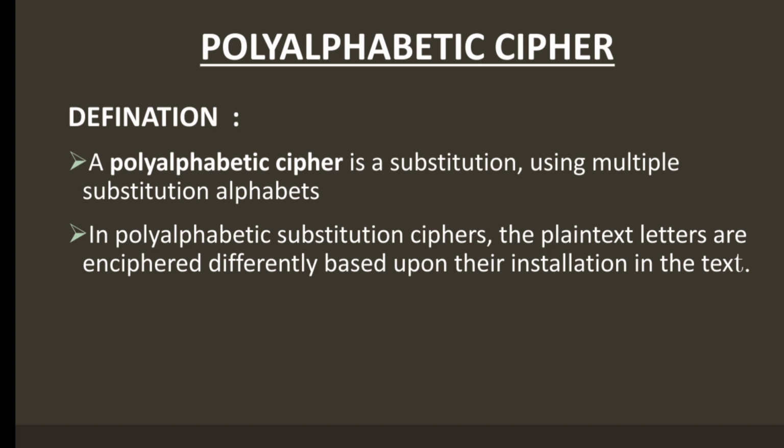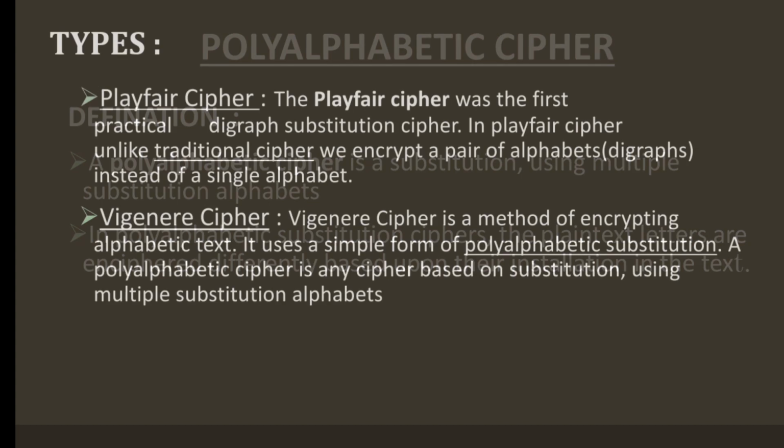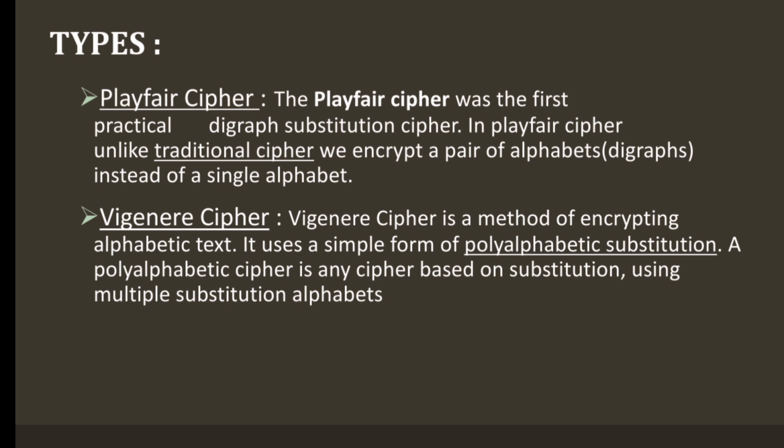So now we will learn the types of a polyalphabetic cipher. Here are the two types of polyalphabetic cipher. These can also be considered as examples for polyalphabetic cipher. The first one is the Playfair cipher and the second one is Vigenere cipher.